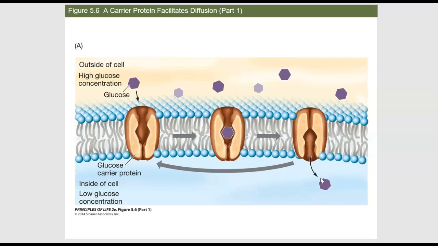So this is a carrier protein that is facilitating the diffusion of glucose. Glucose is in high concentration out here and can't go through very easily. The cell wants it, so it has this embedded carrier protein. It's not exactly a channel protein, because notice it's closed over here until it's triggered to open.